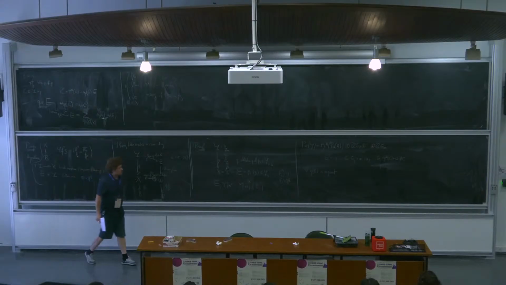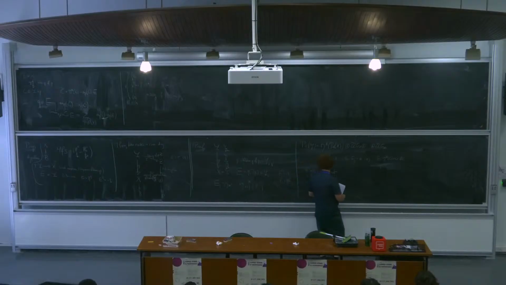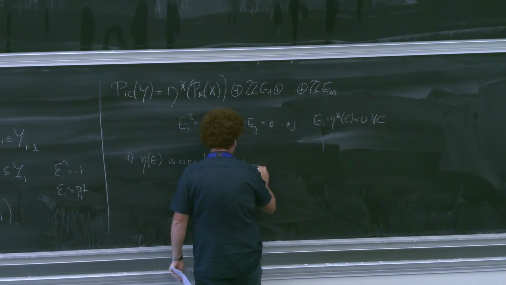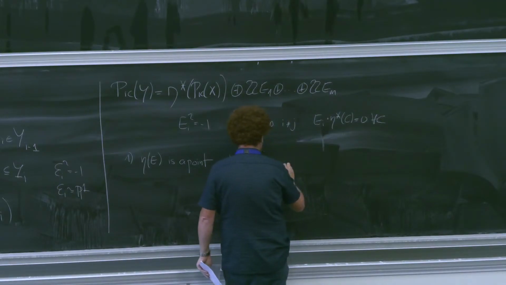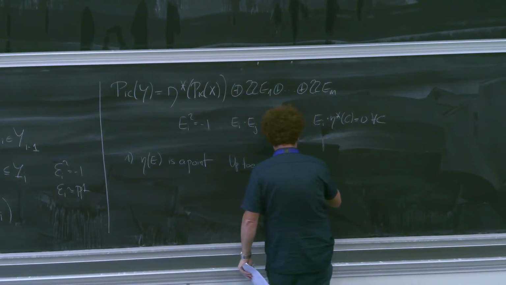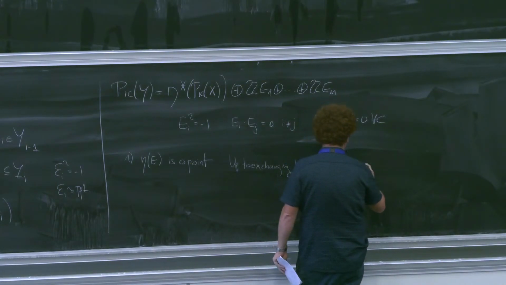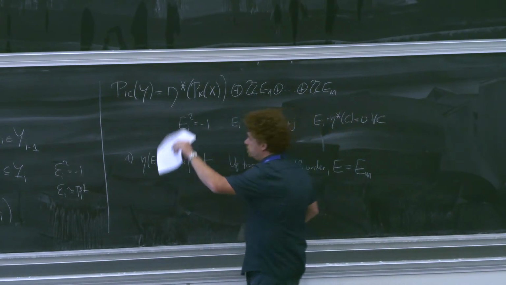So first, I say it is contracted. Okay, so it means that it's a curve which will contract to some point. So up to exchanging the order, we can assume E is equal to E_m. That's the last one.